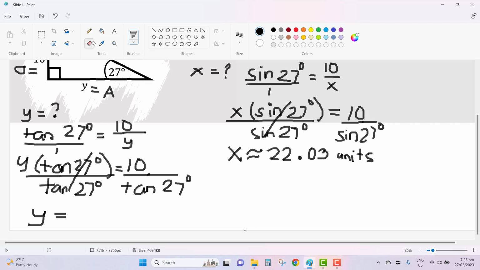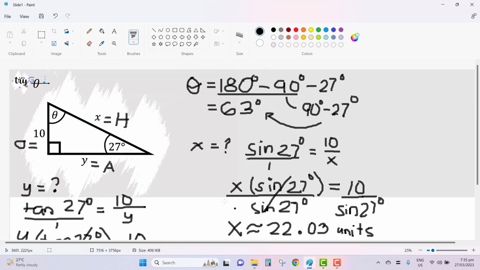And since again, this is not exact, we will not be using equality, hence we will be using the symbol for approximation, y is approximately 19.63, and since it's a side, we use units here. So this is how we solve this right triangle as we complete the unknown measurements, one angle and 2 side measurements.